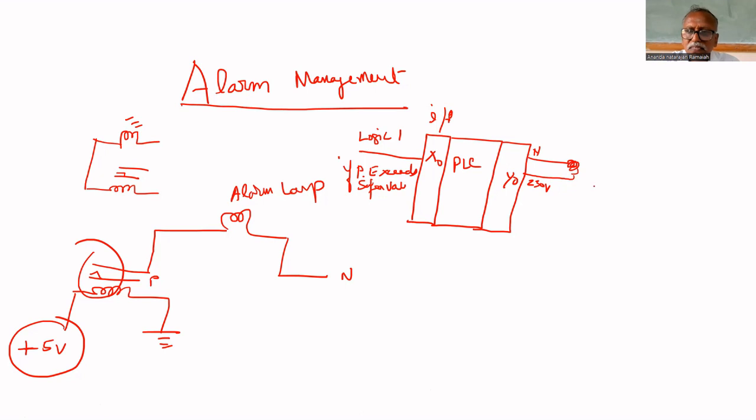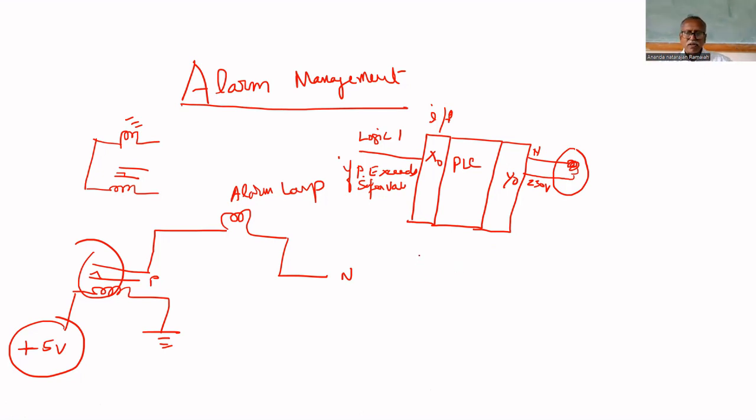The programming is: whenever the pressure exceeds the safer value, the lamp has to blink, because if the lamp continuously glows, no one will get that attention. To get attention, the lamp has to blink. For that, we have to generate a square wave. Every second, or every 5 seconds, it will blink like that.